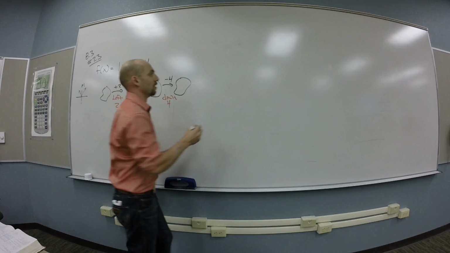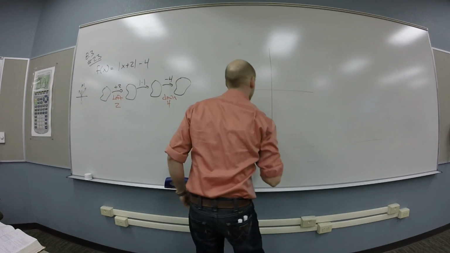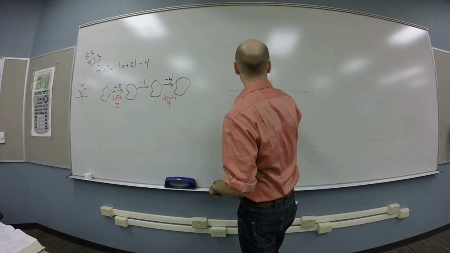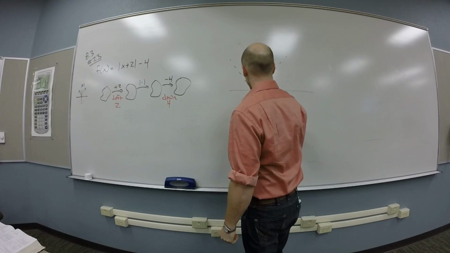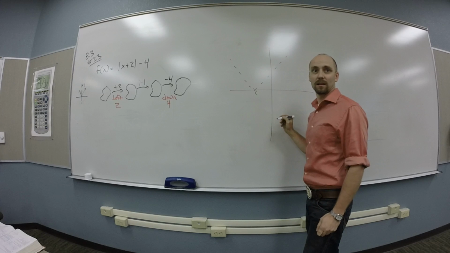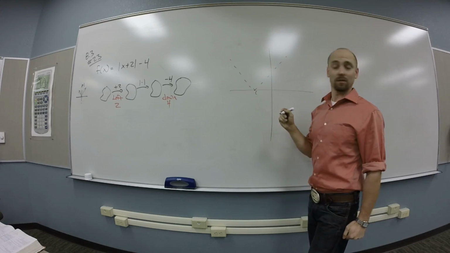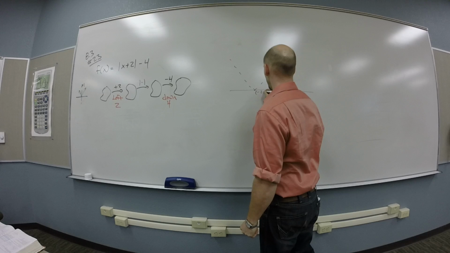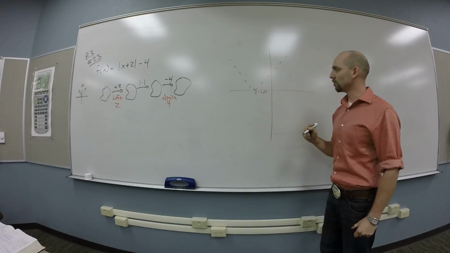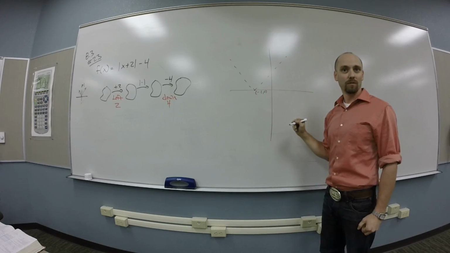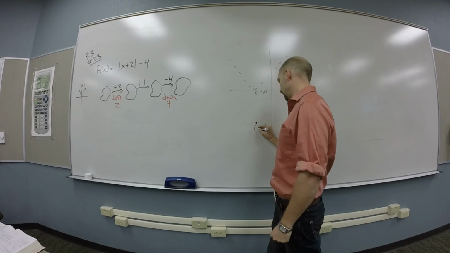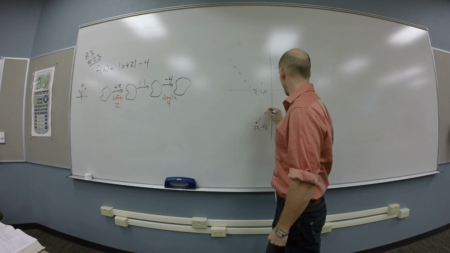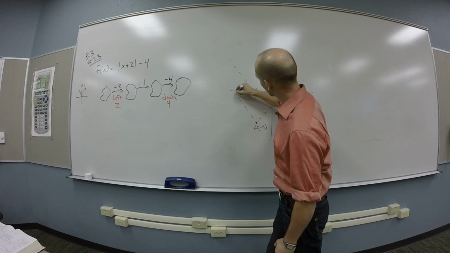So if I shift left 2 units, I'd get my vertex at negative 2, 0. Then I need to go down 4 units, so that'll put my vertex here at -2, -4. And it'll look like this.